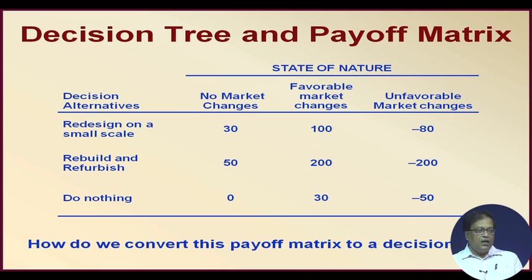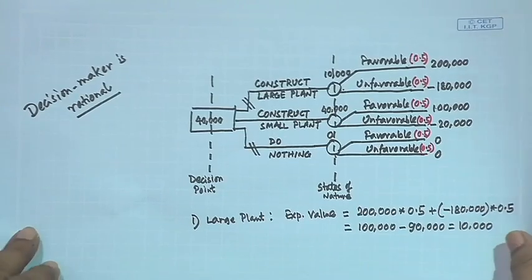So, suppose we have to convert this particular payoff matrix to a decision tree, then how do we go about it? Let us look at this problem also. So, again the first question that comes to our mind is, what are our decision point or decision node.